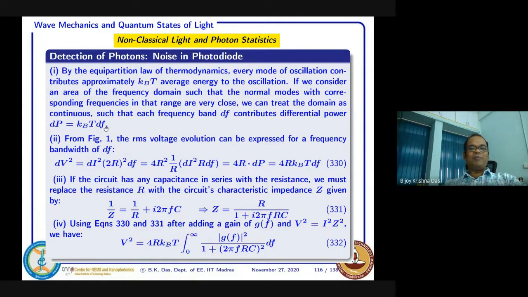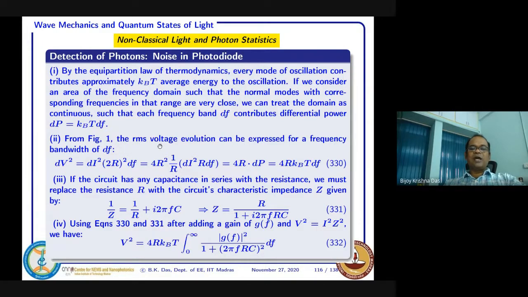So if you have dF bandwidth, you multiply as if dF number of modes are there, each of them carrying this much energy. Because it is a frequency, you consider that it contributes differential power dP equal to kBT dF. So all the modes in a certain band hold differential power kBT dF.